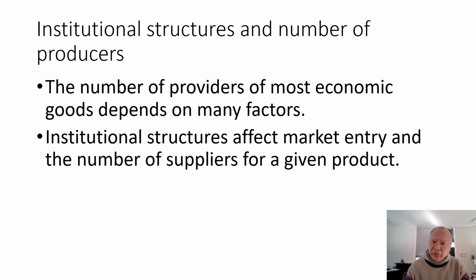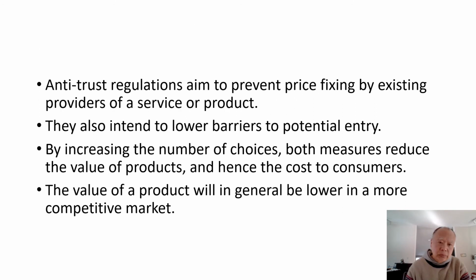The number of providers of most economic goods depends on many factors. Institutional structures affect market entry and the number of suppliers for a given product. Antitrust regulations aim to prevent price fixing by existing providers of a service or product.